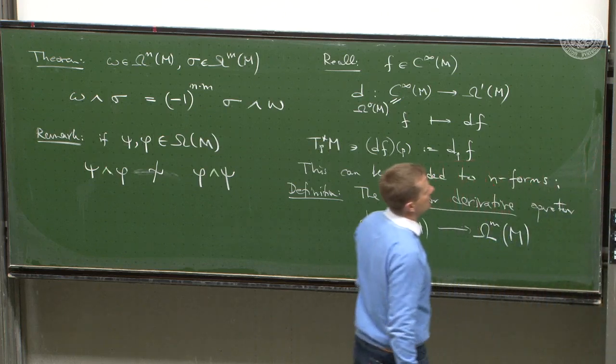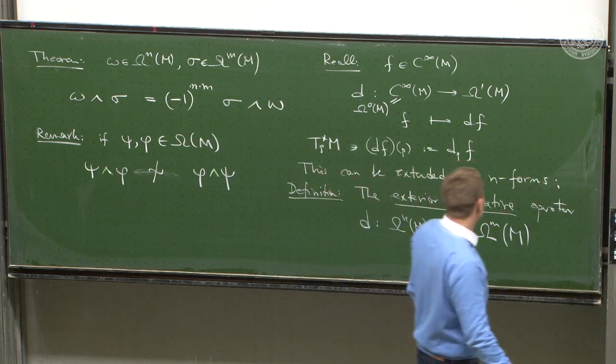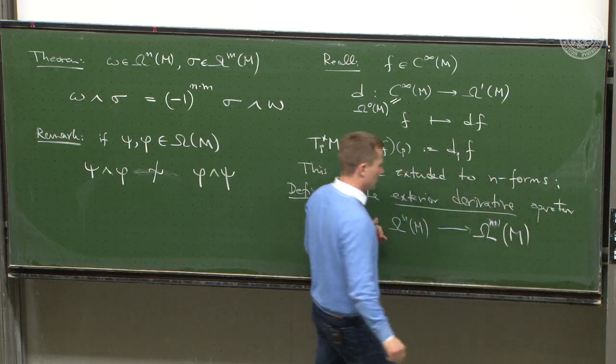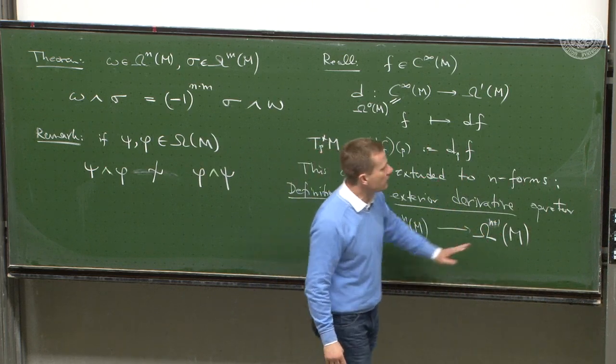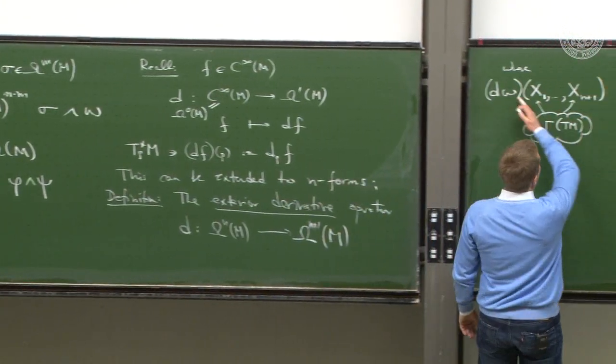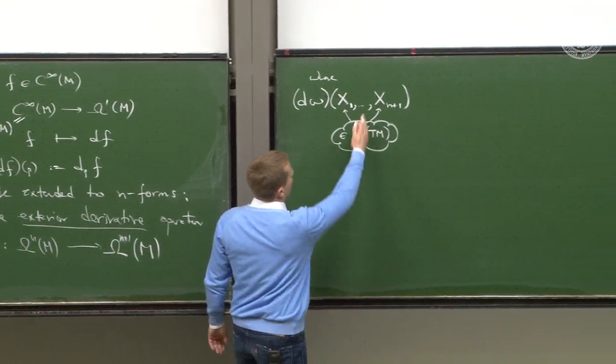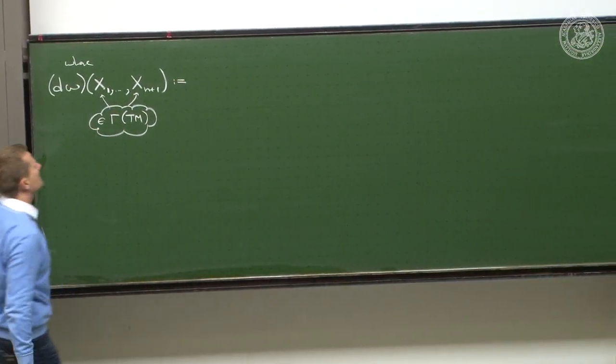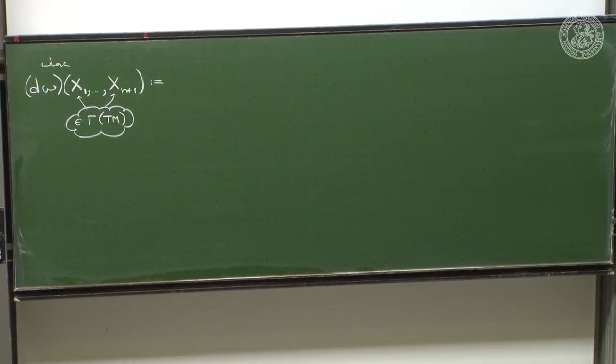I raise the degree of the form by 1. If I have this n plus 1 form act on n plus 1 vector fields, and I know how that works, then it's defined. So how is this defined?